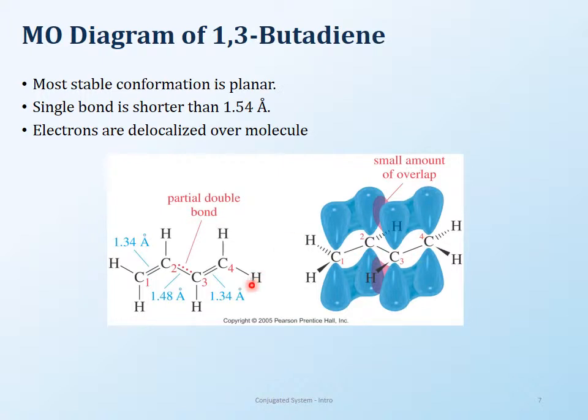Which means that the bond length will also change. Traditionally a single bond is 1.54, but where you have conjugation going on, the bond is a little bit shorter because of this overlap, and therefore carbon 2 and 3 are pulled closer.